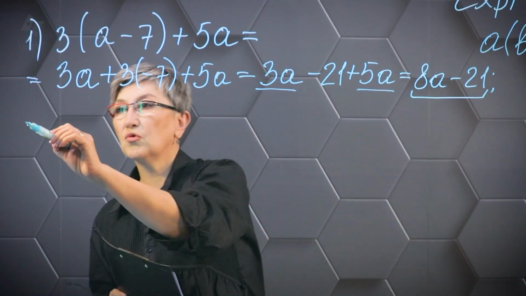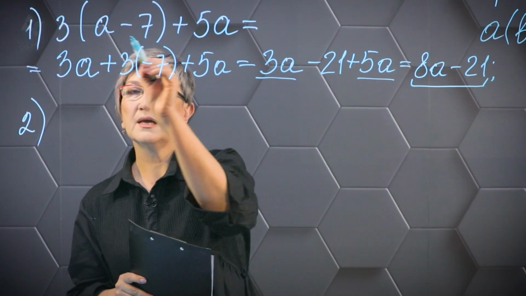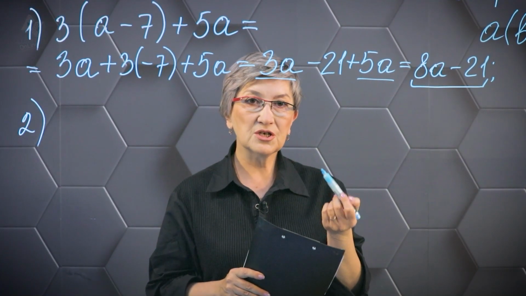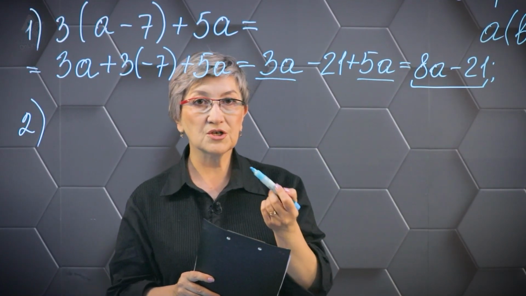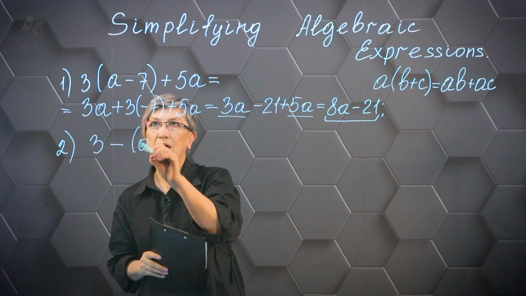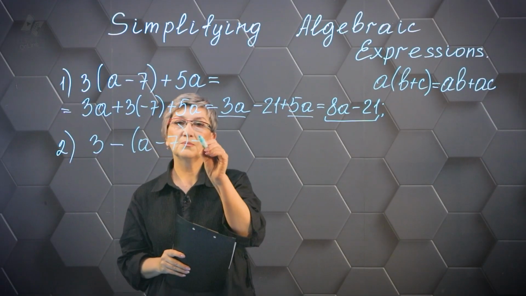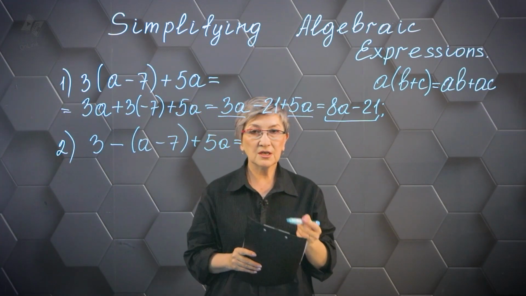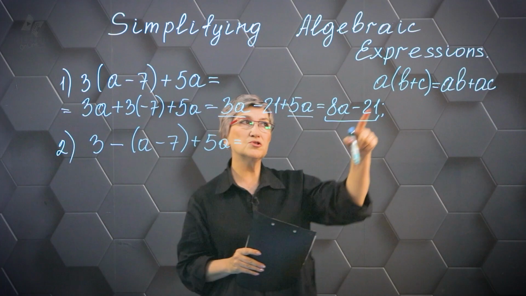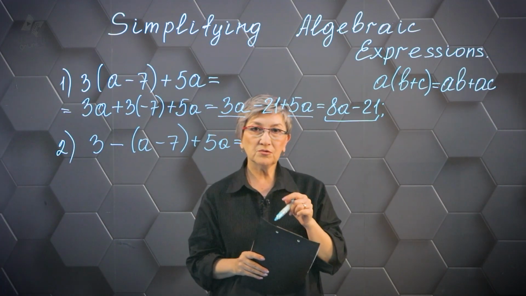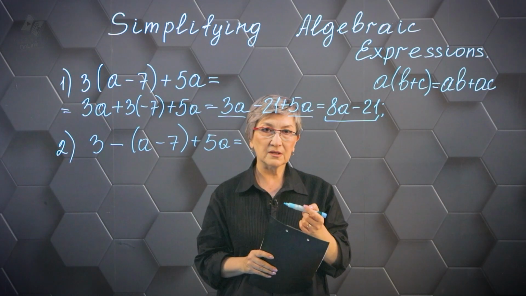Now I'm going to write down another example with the same letter expressions with the same numbers, but it will be different. I'm going to write down 3 minus (a minus 7) plus 5a. Very often you use the distributive property when solving examples like this too, but in this case we get the wrong answer. Why?